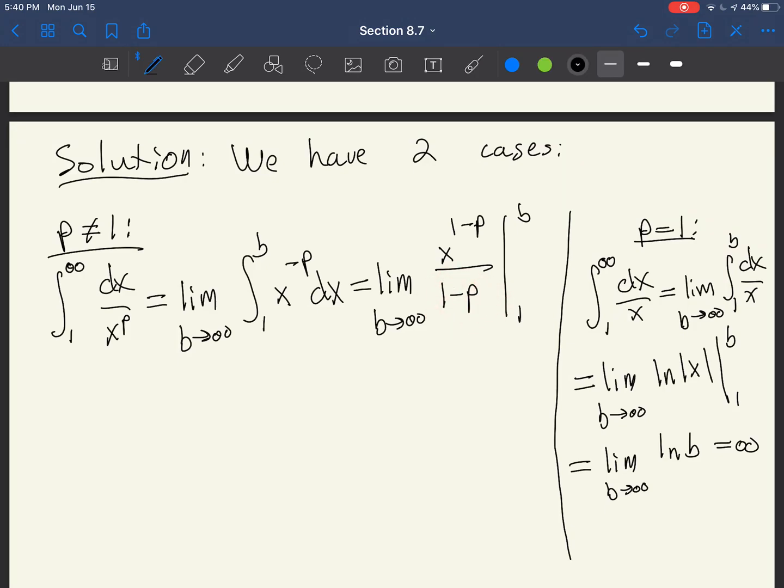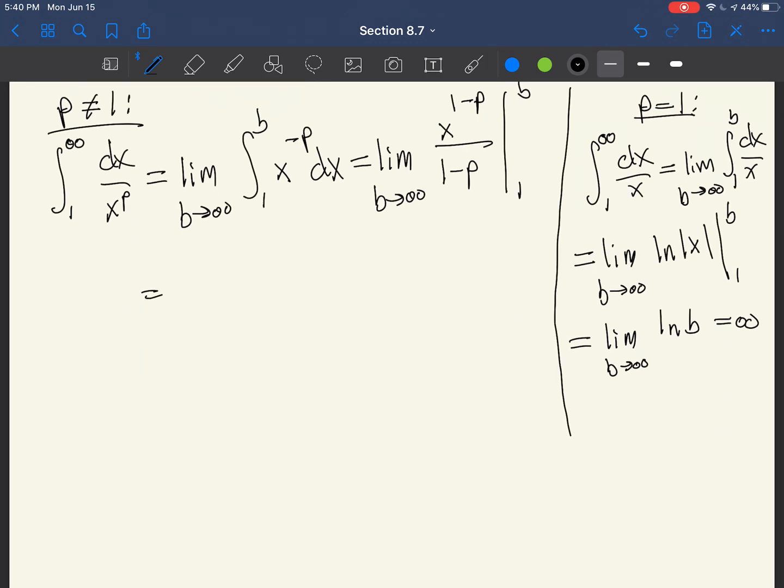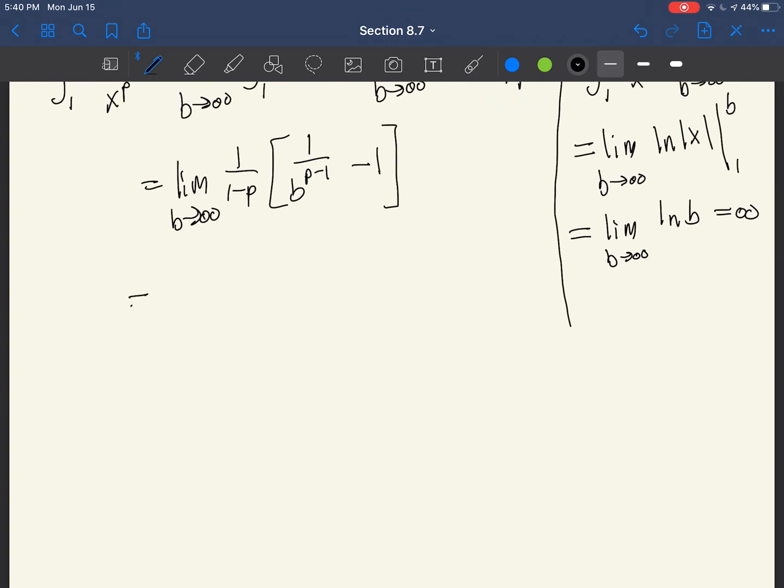So this is why we had to consider p not equal to 1, so that we can actually divide by 1 minus p. This is the limit as b goes to infinity of 1 over 1 minus p times the quantity 1 over b to the p minus 1, minus 1.